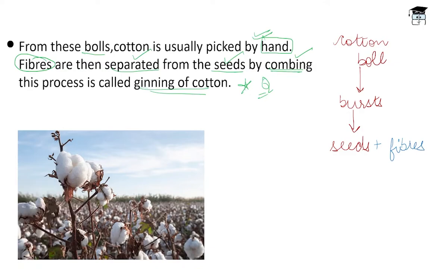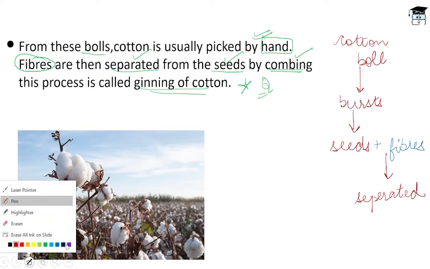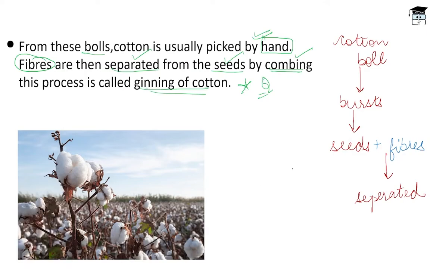Now these fibers are then separated from these seeds. This separation process is known as ginning of cotton. I hope this is clear to you all.